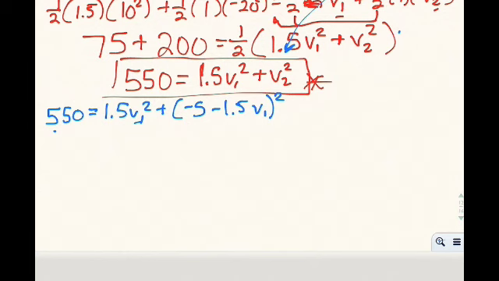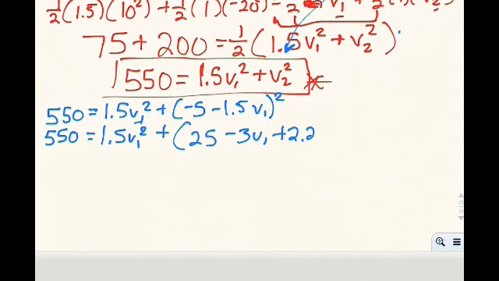So you can say, okay, 550 equals 1.5 v1 squared plus, okay, now you're going to expand this polynomial, so you're going to FOIL it. So you'd end up getting 25 minus 3 v1 plus 2.25 v1 squared.